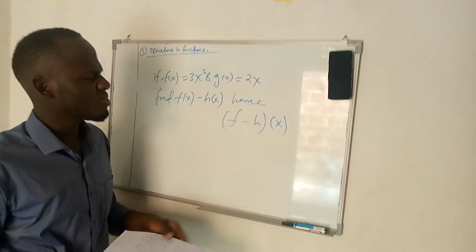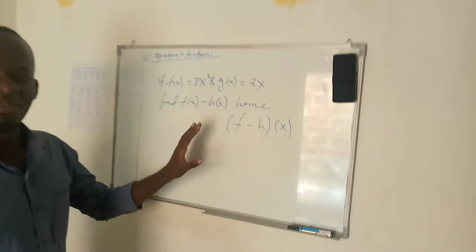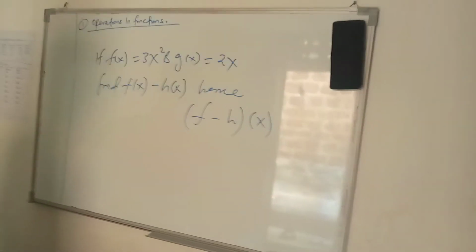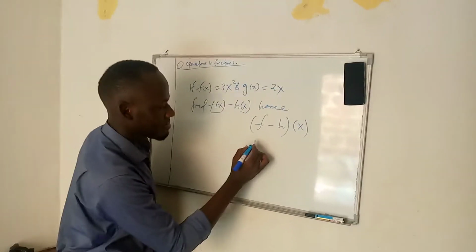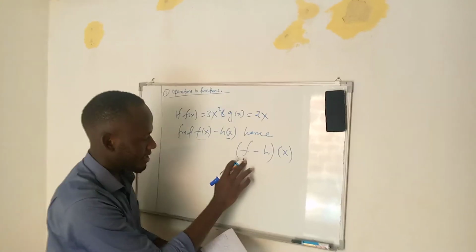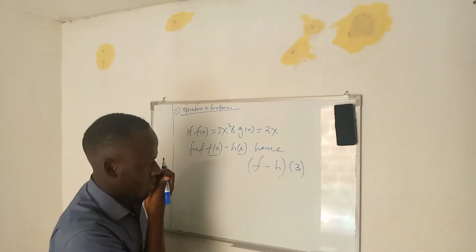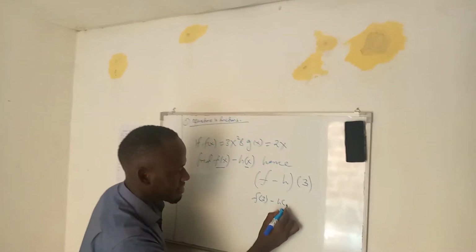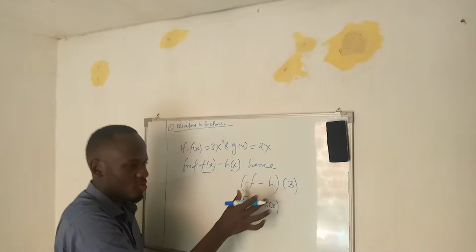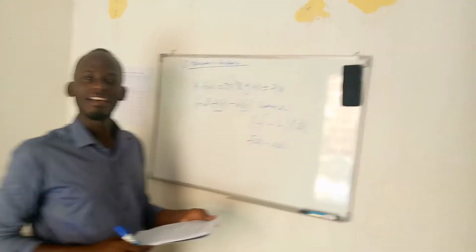Now this should never disorganize you, because this is just the same as this. It only means f of 3 minus h of 3. But they are trying to see the level of understanding that you have attained as far as functions are concerned.